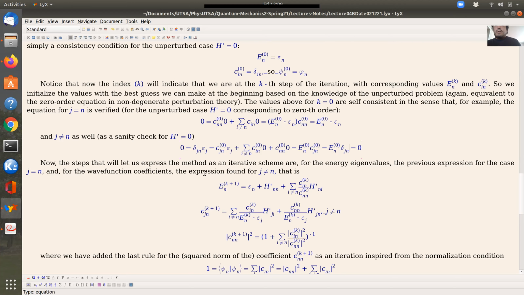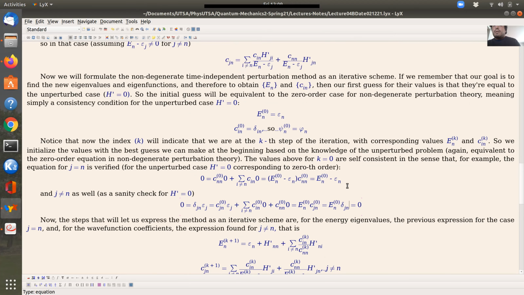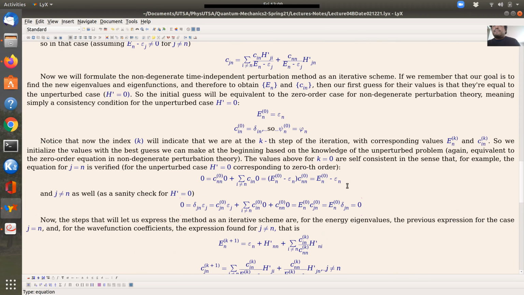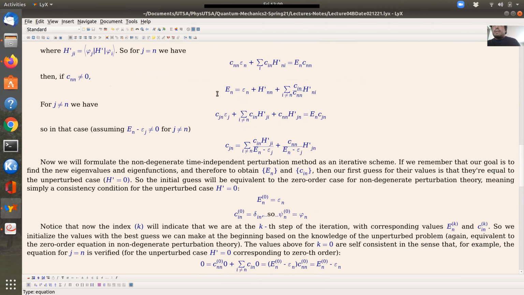So say for the energy eigenvalues, we put them in terms of all the coefficients and the initial values for the eigenvalues. And let me present you with this. So if you think about it, this is the formula that I had for the energies, right?